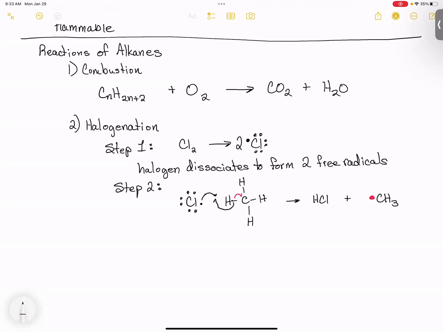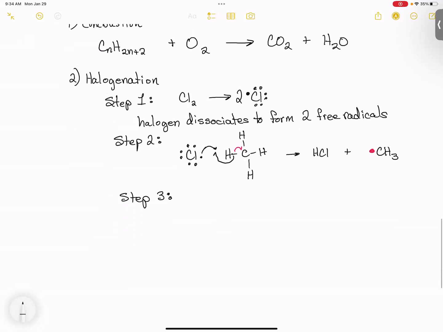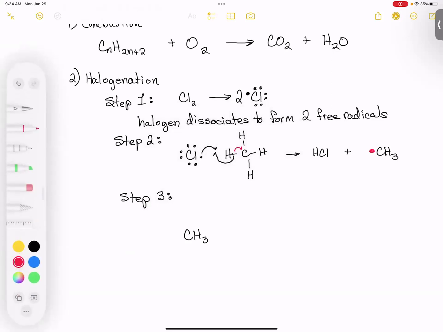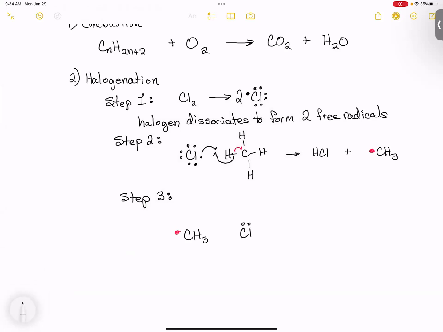Now this CH3 with its free radical is going to go combine with the other chlorine free radical.